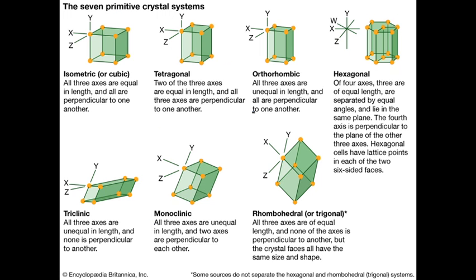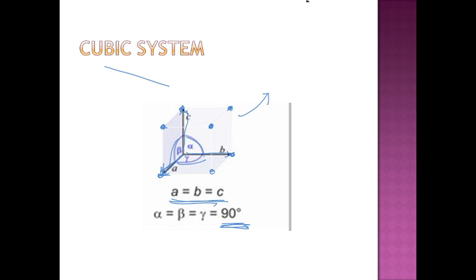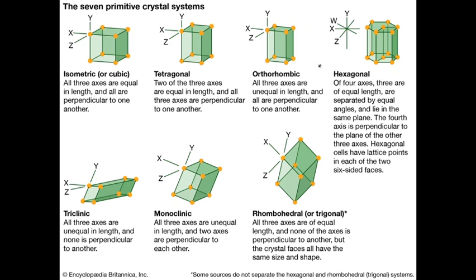So it has been found that if you try to make all the different types of unit cells by having various relations for A, B and C, as well as alpha, beta and gamma, basically we will be able to construct seven different types of crystal systems.